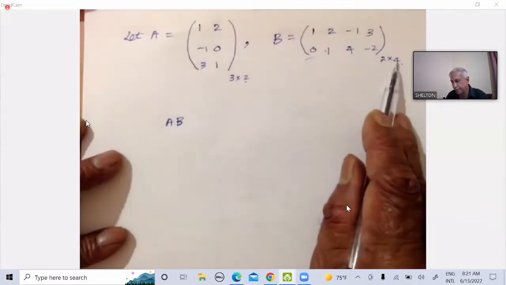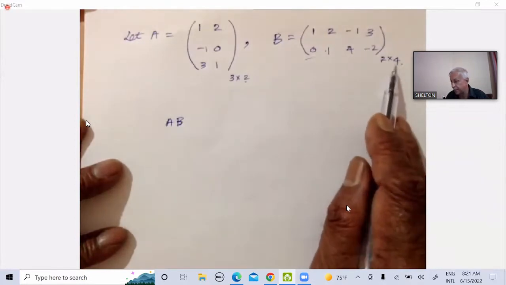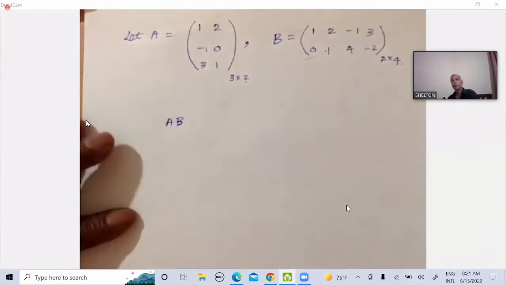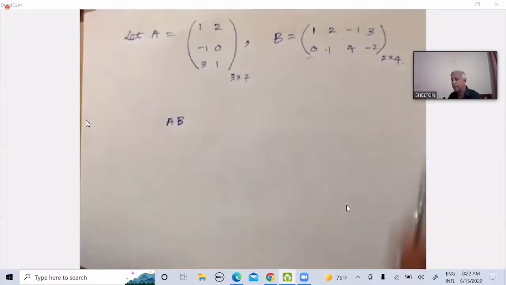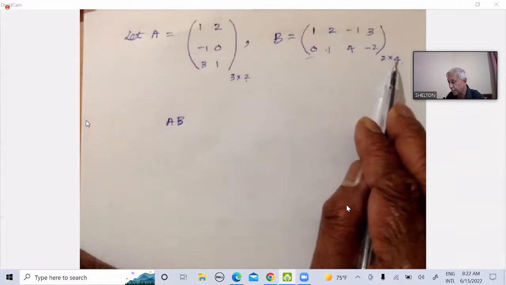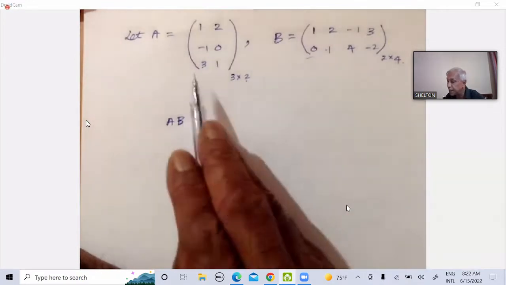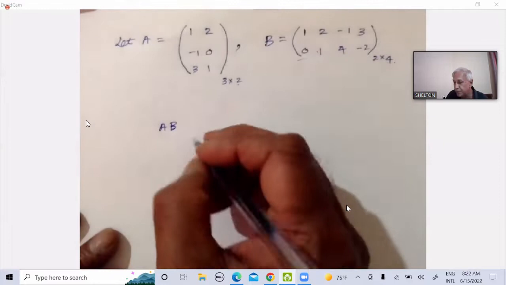BA, if you write B first, then it has 4 columns. If you want to multiply B by A, the other one should have 4 rows. This one has only 3 rows. But for AB, no issue.